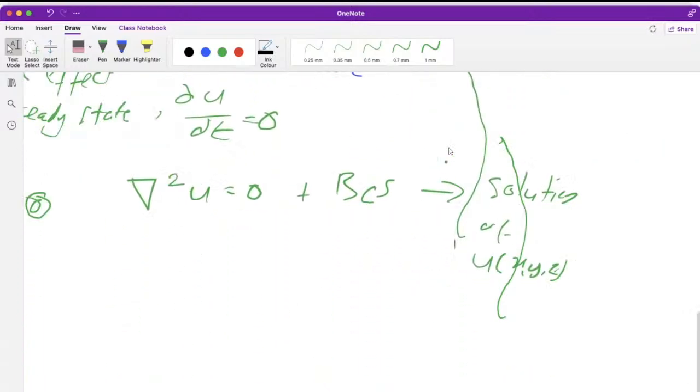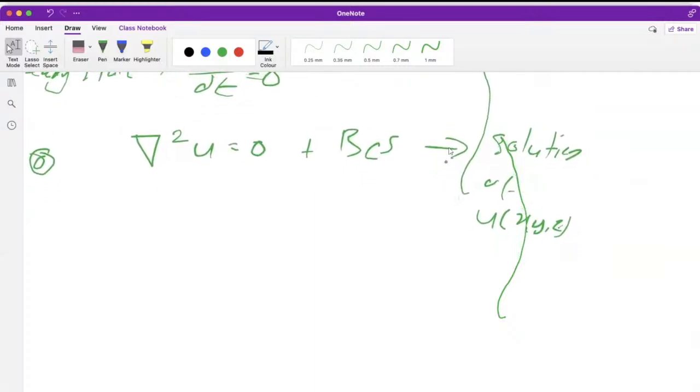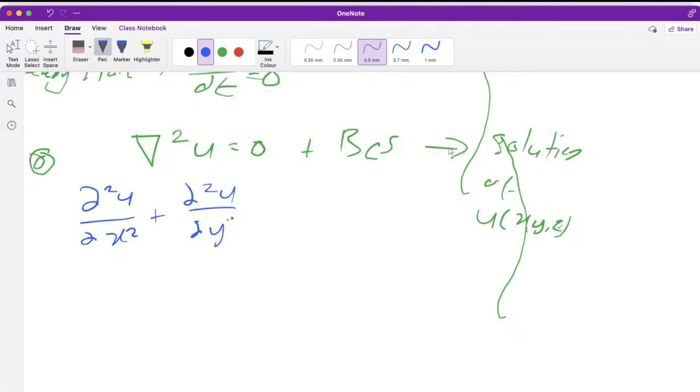I don't want to restart again because I'm just going to finish this one. You can see if this is in 3 dimensions, you're going to have something like this, right? If we were to write this in a more lengthy form, it is just like this: partial squared u over partial y squared plus partial squared u over partial z squared equals 0.